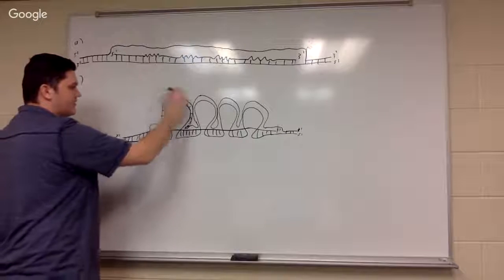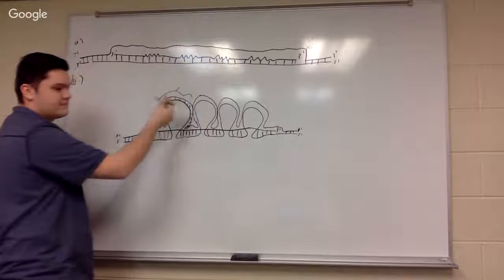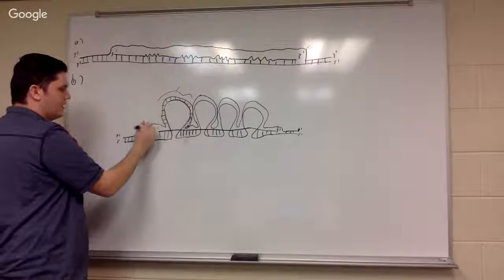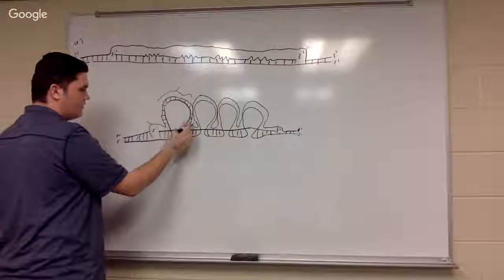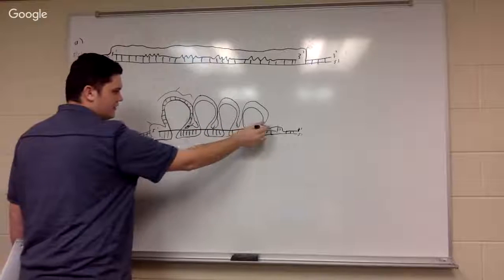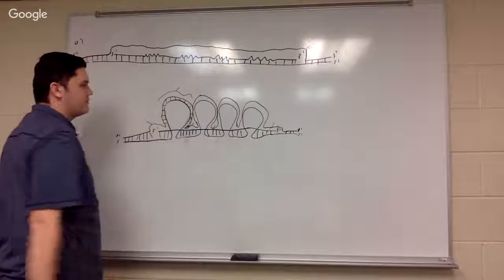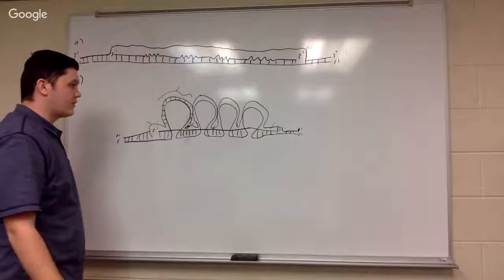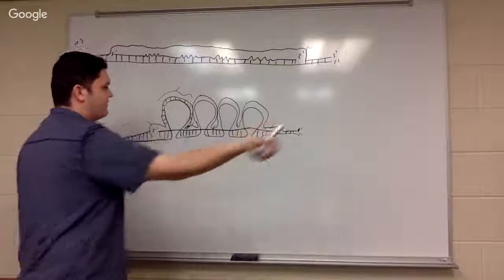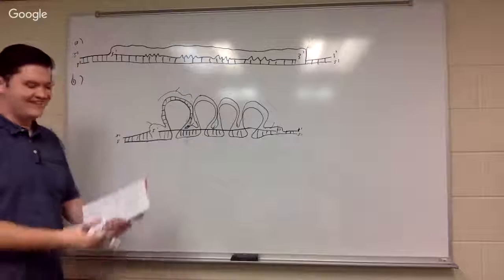These big loops are the intron loops, and the R loops are going to be wherever the coding strand can't bind, which there's going to be 5 spots. 4 spots. 1, 2, 3, 4, 5. 5 spots. I can count.